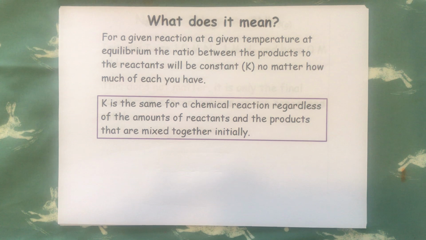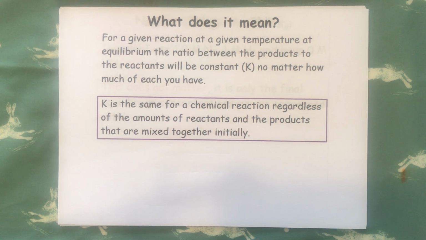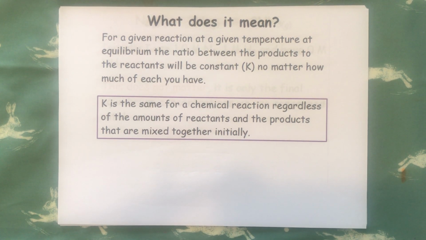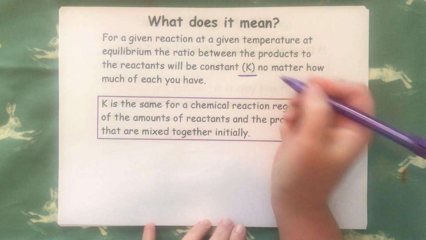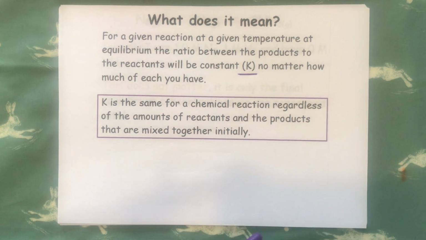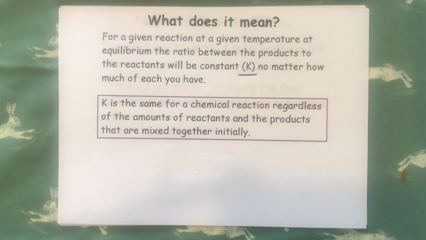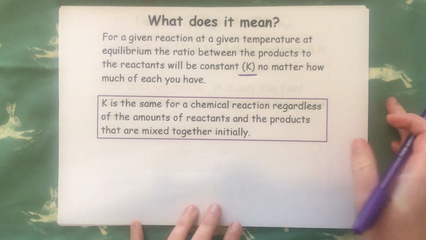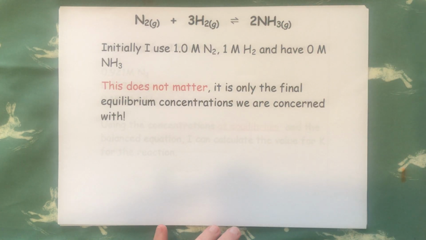If you remember from Higher that at equilibrium the concentrations of your reactants and products are constant, not necessarily the same, but constant, it makes sense that this equilibrium constant, which is a ratio of those concentration values, will also be constant.